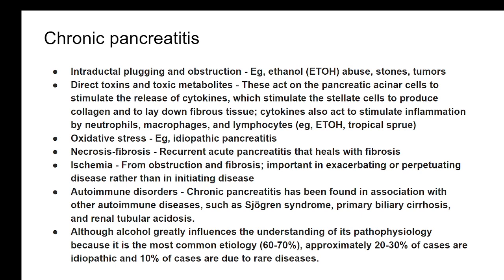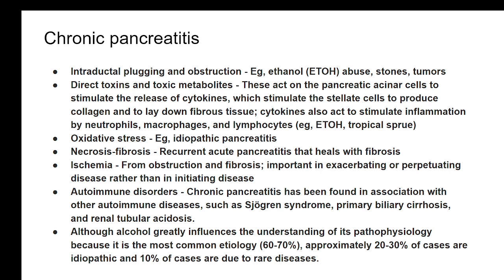Necrosis and fibrosis of the pancreas due to a previous acute episode of pancreatitis can result in recurrent acute pancreatitis that heals with fibrosis. Then ischemia, if there is an obstruction to the blood vessels, that also can result in chronic pancreatitis. Autoimmune disorders: chronic pancreatitis has been associated with Sjogren's syndrome, biliary cirrhosis or renal tubular acidosis.